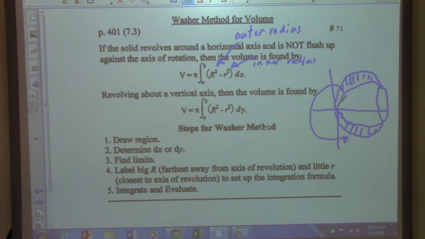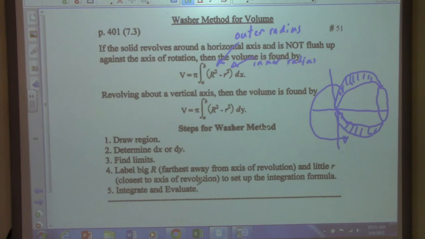The inner radius would be the equation of this graph here, and the outer radius would be this one up here. Then you put them in there, but otherwise it's the same situation.